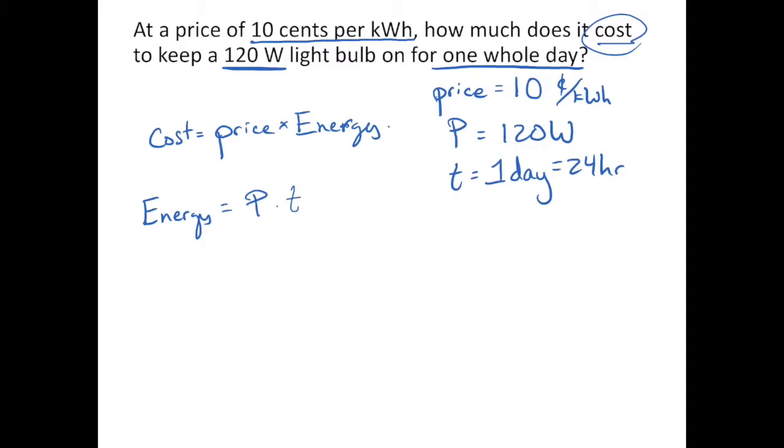So we're going to have energy equals 120 watts times 24. Let me calculate this out. It is 2880, but this is in watt hours, and we want kilowatt hours, because we have our kilo there.